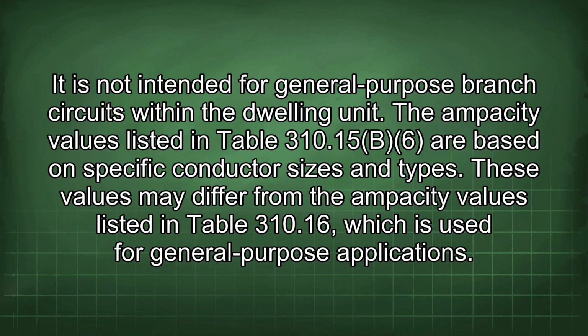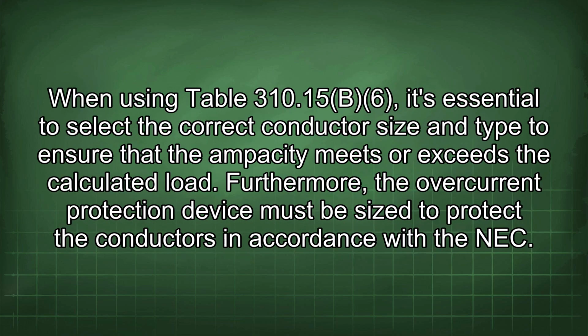The ampacity values listed in Table 310.15(B)(6) are based on specific conductor sizes and types. These values may differ from the ampacity values listed in Table 310.16, which is used for general-purpose applications. When using Table 310.15(B)(6), it's essential to select the correct conductor size and type to ensure that the ampacity meets or exceeds the calculated load.